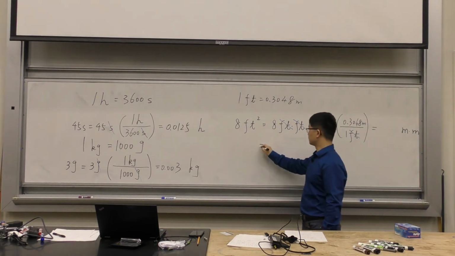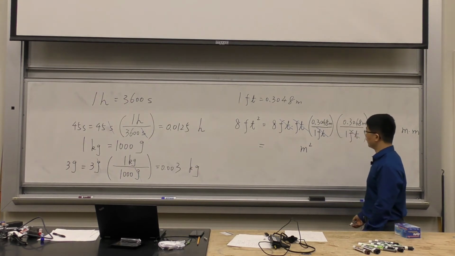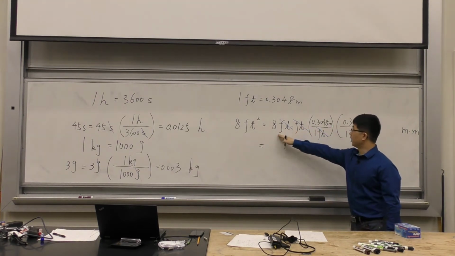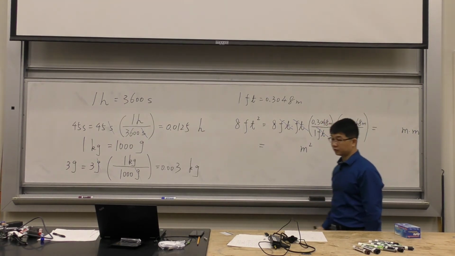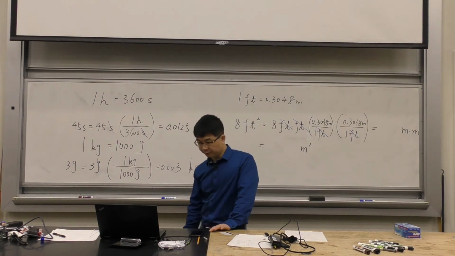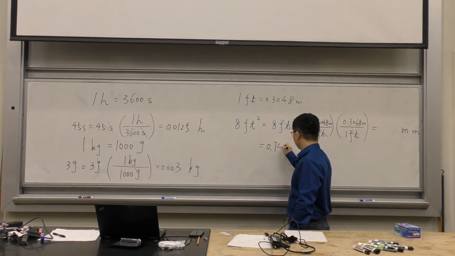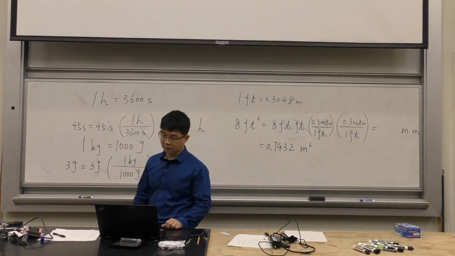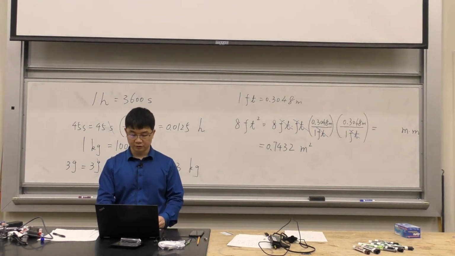So that's the unit I want at the end. Now I can go ahead and do algebra with all these numbers, right? It's going to be 8 times this and this divided by 1 times 1, okay? So at the end, what is your answer, okay? The answer I got is 0.7432 square meters, okay? So that's the conversion between square feet and square meters.